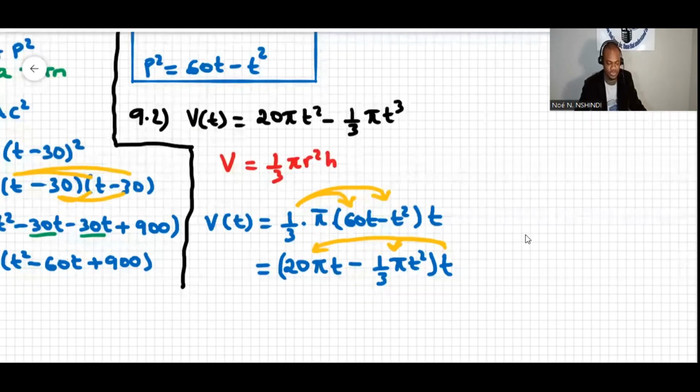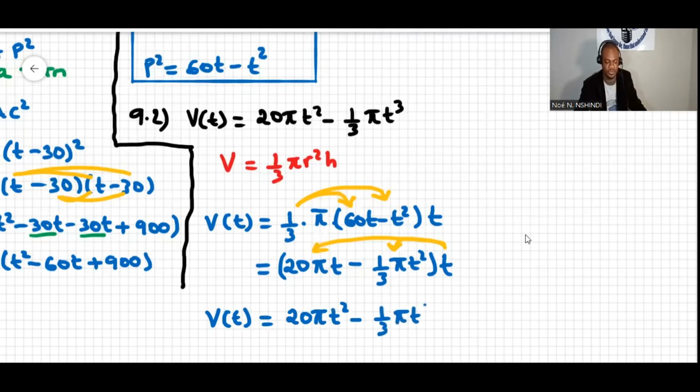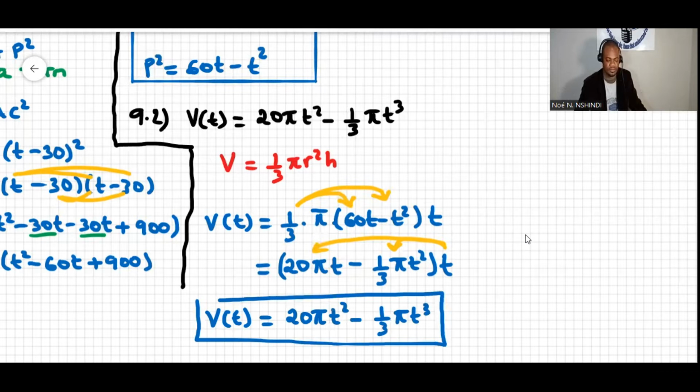This will make the volume equal to 20 pi t squared minus a third pi t cubed. This is exactly what we were supposed to demonstrate.